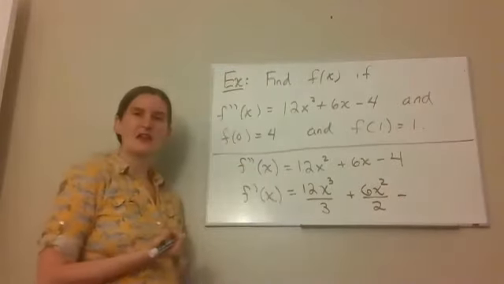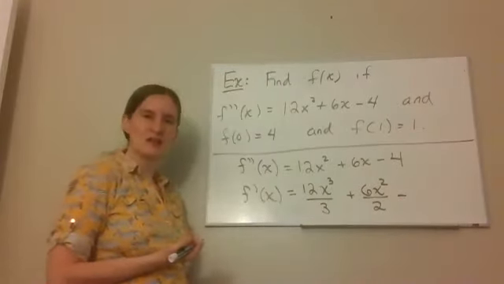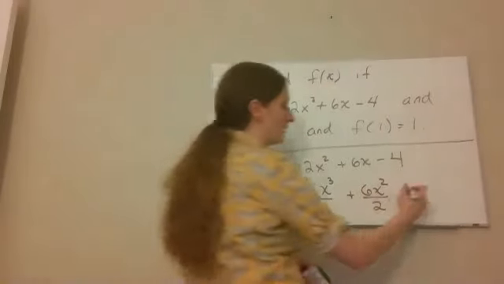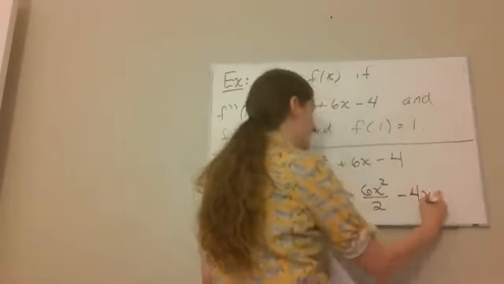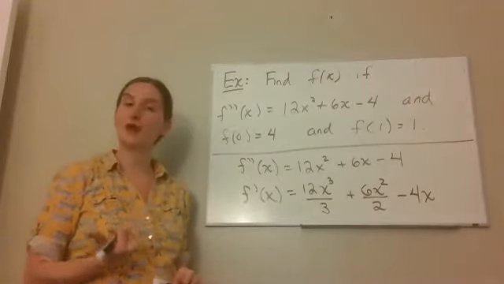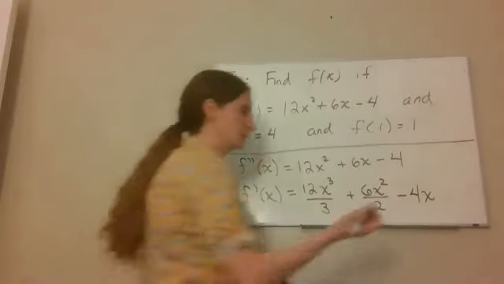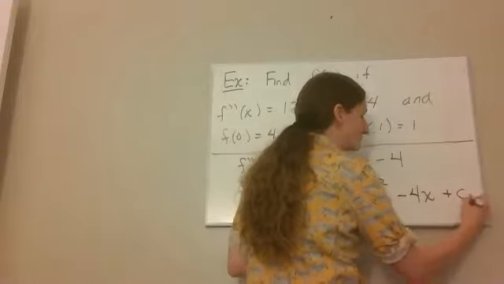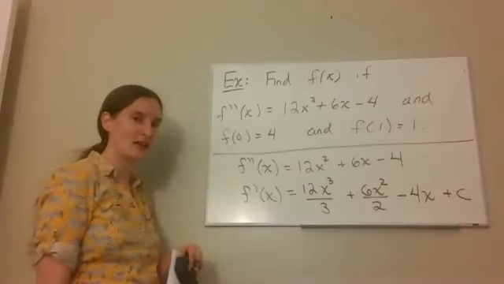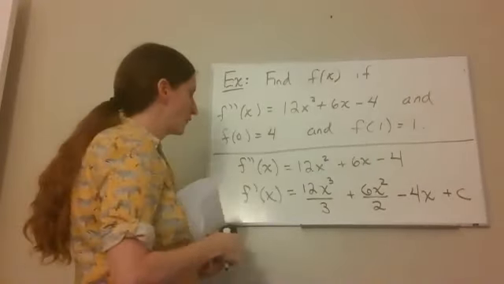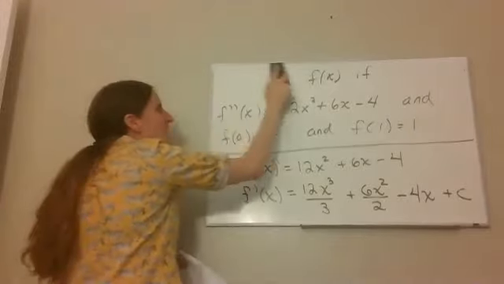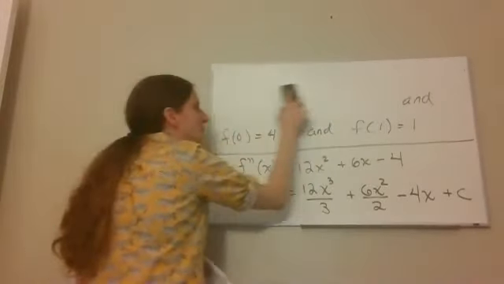What has a derivative of just a constant? Well, I just need to put an x on there. The derivative of negative 4x is negative 4. And then don't forget your plus c at the very end. So that's my first derivative. I'm going to try to simplify it a little bit.